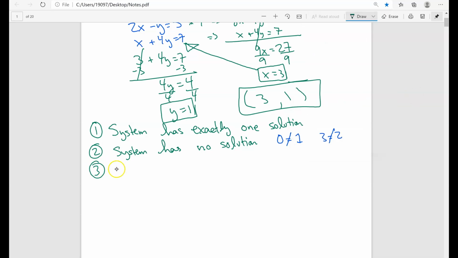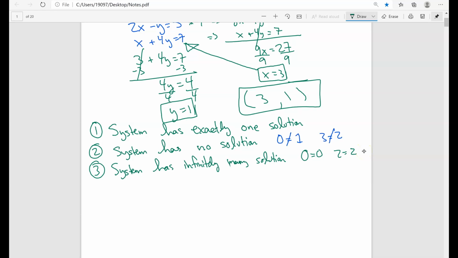The third one is that the system has infinitely many solutions. Usually what you arrive at is an identity like 0 equals 0 or 2 equals 2. That means you have infinitely many solutions.